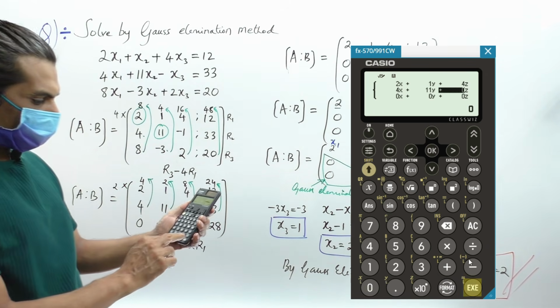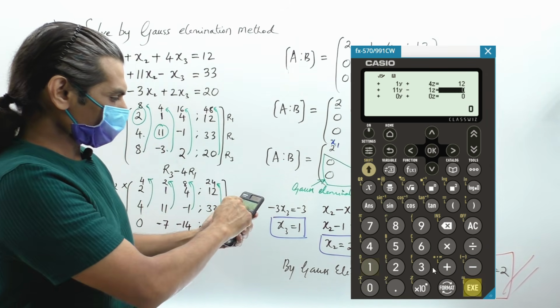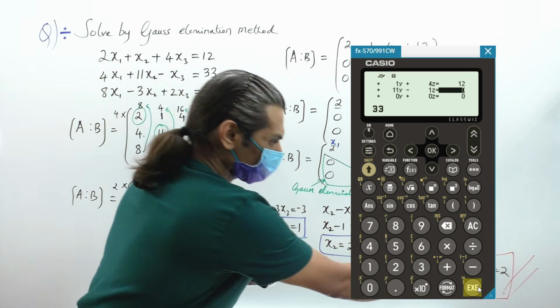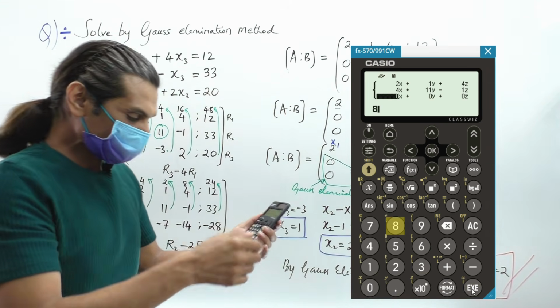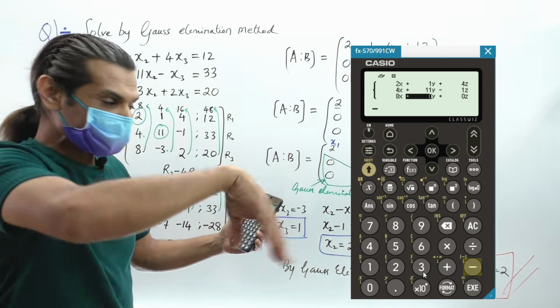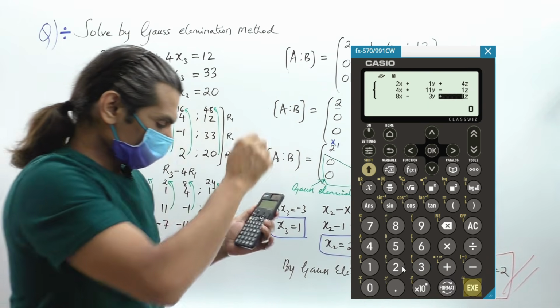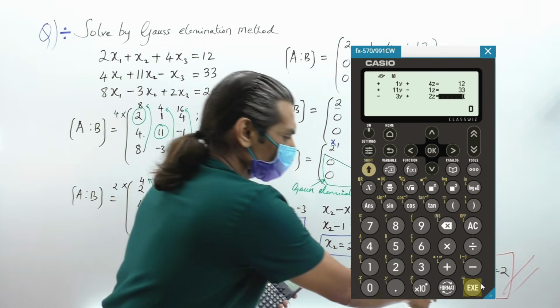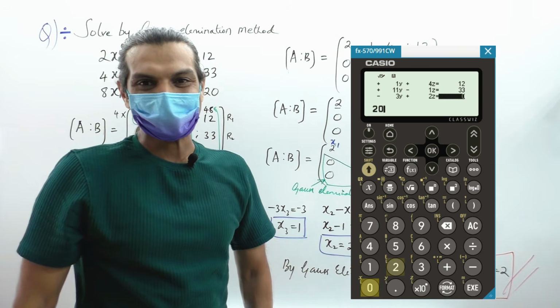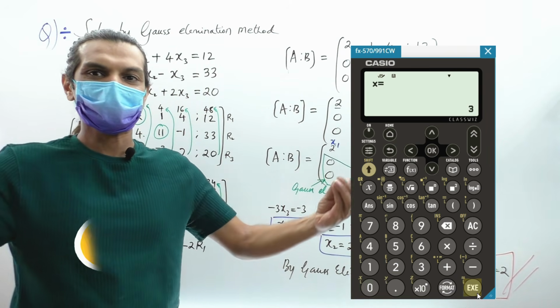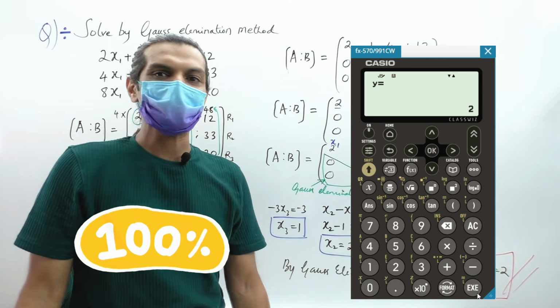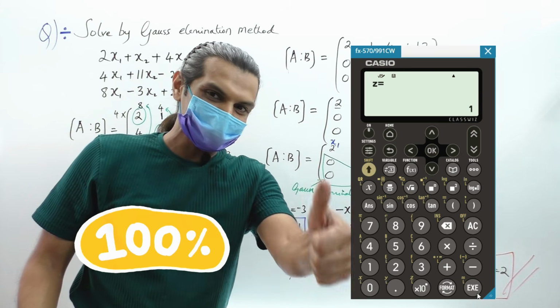That's all. When you press execute, we get x as 3, that is x1, 3. Then y, which is x2, is 2, and lastly we get z, which is 1. That's it, as simple as that. So 100% guarantee the answer is correct, and 100% guarantee you get full 6 to 7 marks.